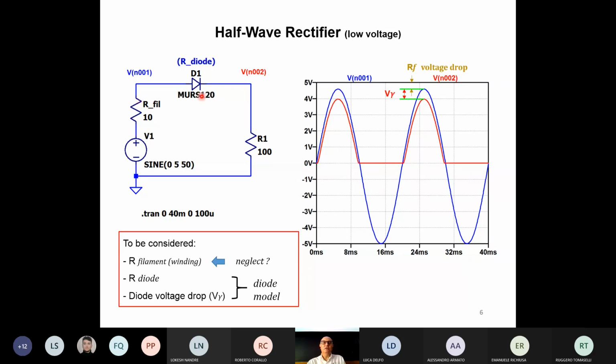Usually the voltage drop across the diode is constant, is more or less V gamma, even if the current goes high. But the voltage drop across the filament depends on the output current, peak current. Then again, we have to consider diode resistance. Here we neglected it, but the voltage drop across the diode must be considered for sure.